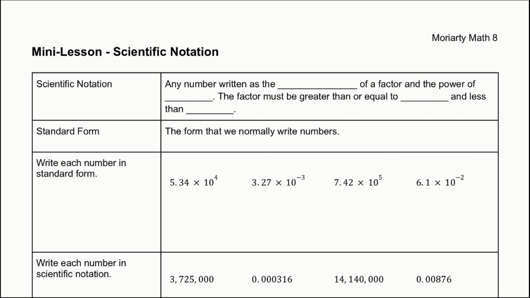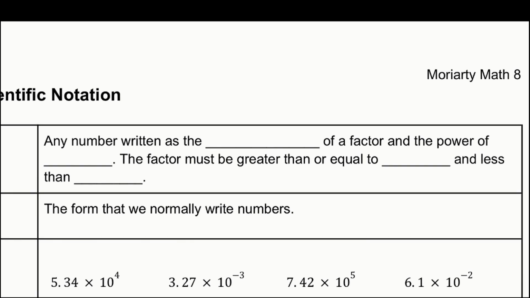Here we go. So, what scientific notation is, as you've kind of seen these past couple days, it's any number written as the product, meaning a front number or a front factor, times 10 raised to some exponent. So it's any number written as the product of a factor and the power of 10.